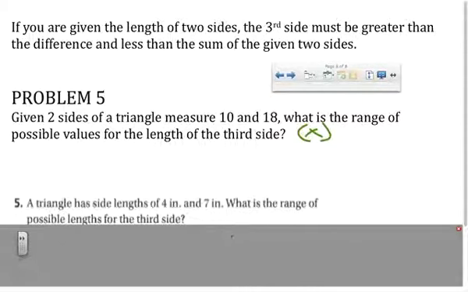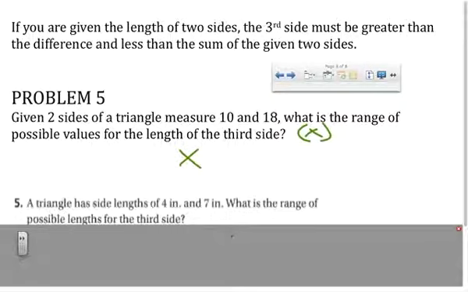So if I consider that third side to be x, and I've told you up here that the third side has to be greater than one thing but less than another, I'd hope that you'd get an idea x is going to be in the middle of a compound inequality. I know that those are terms that we haven't used yet here, but you should have used those terms at some point last year in algebra.